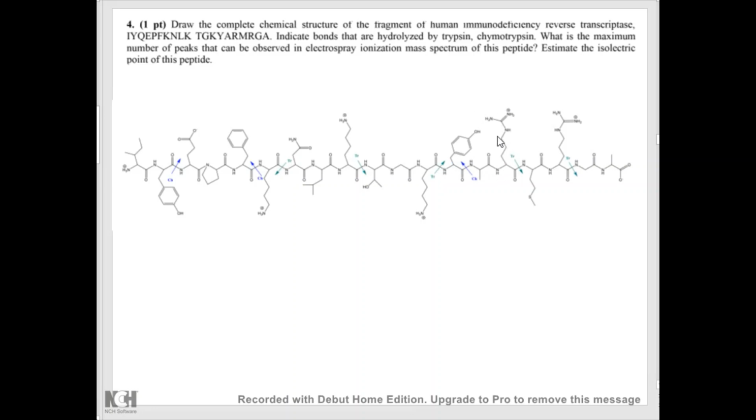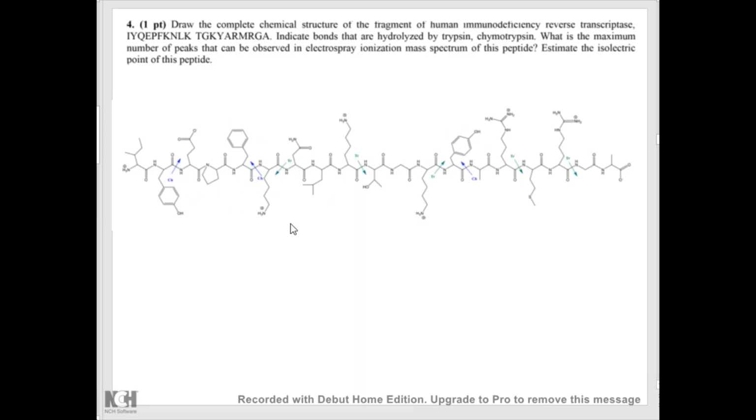And I have arginine, and the cleavage takes place here and here. So right after the amino acids, if you count from N-terminus. Remember, N-terminus is the beginning. Okay, now same with chymotrypsin, which cleaves after aromatic amino acids. So tyrosine, phenylalanine, tyrosine. So 3 cleavage sites for chymotrypsin.